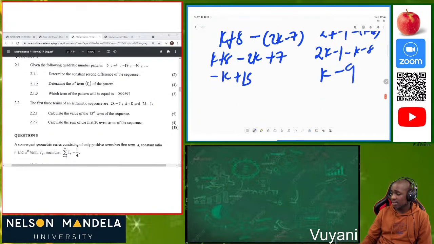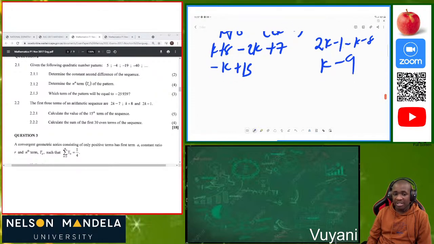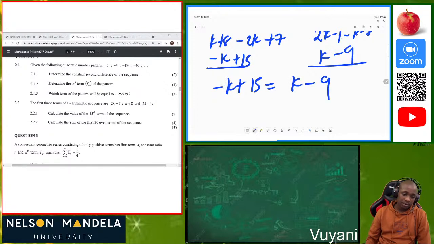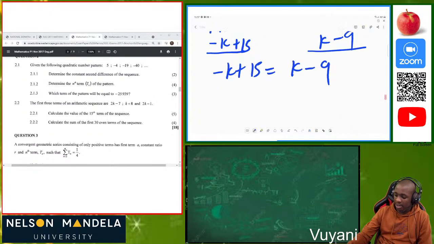Since this is an arithmetic sequence, we know that the first common difference is equivalent to each other. So negative k plus 15 is equivalent to k minus 9.